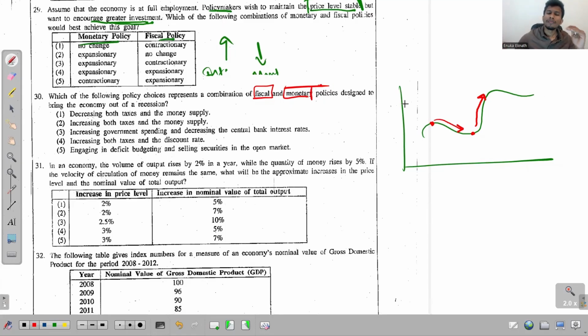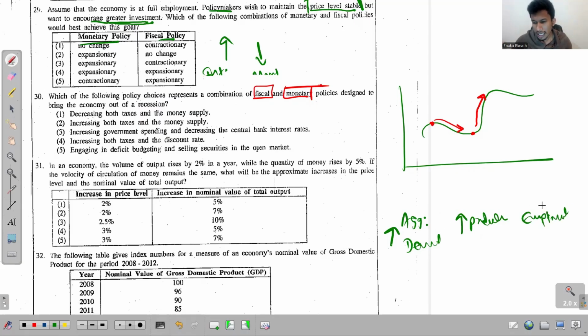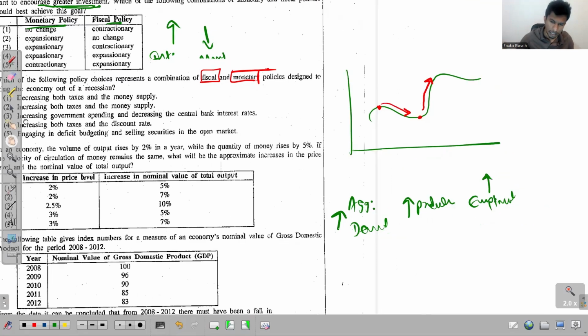The first thing the government should do to bring the economy out of this recession is to increase the aggregate demand. Why is that? Because when aggregate demand increases, production increases. When production increases, the level of employment increases.